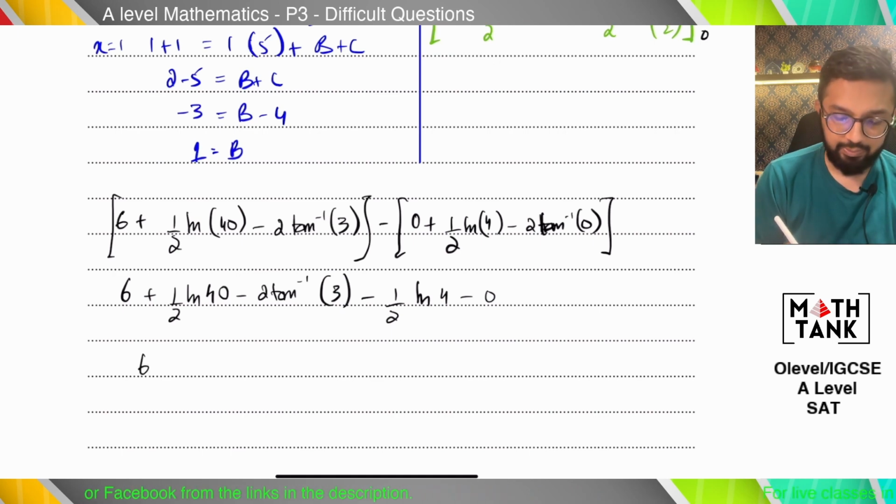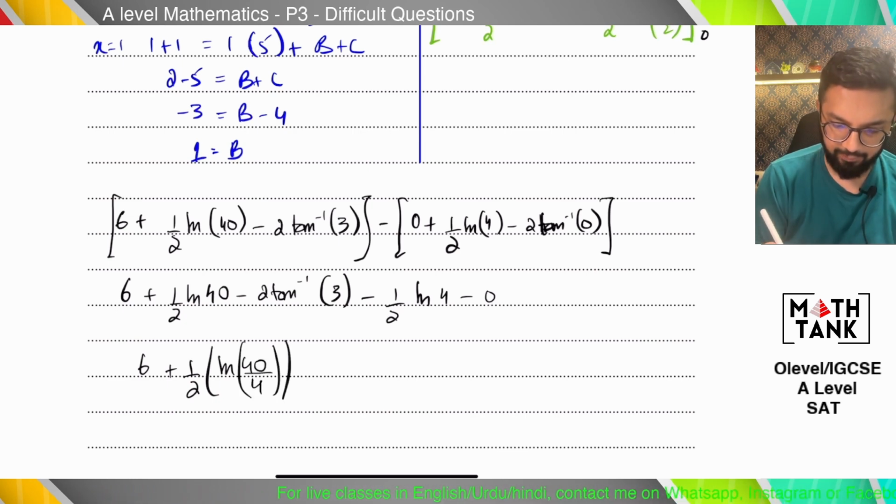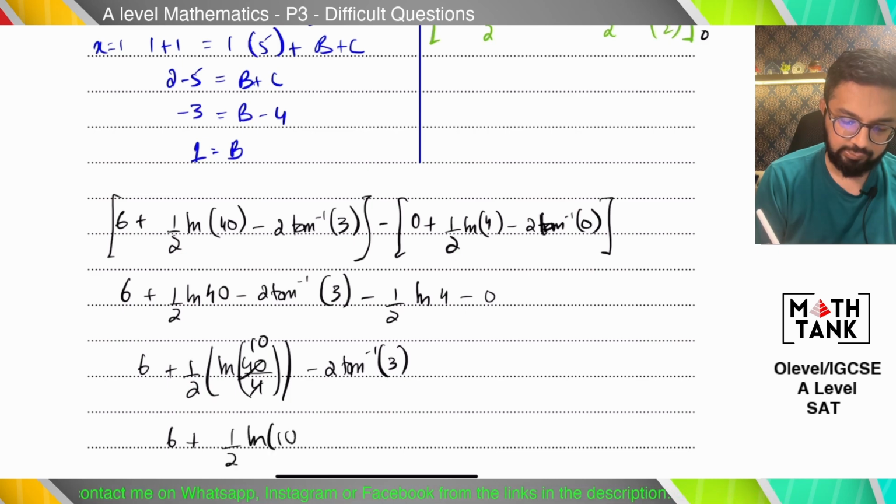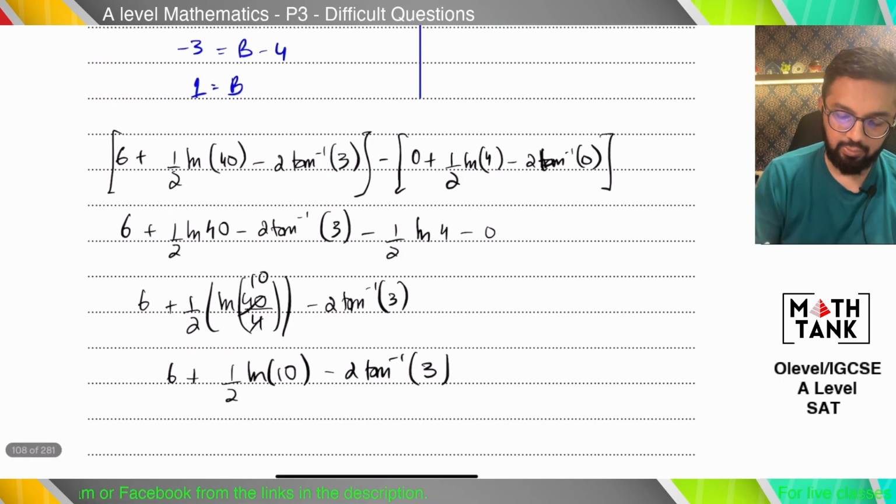So I can take a half common and say that this becomes ln 40 minus ln 4, so ln of 40 divided by 4, 10. Okay, that's my final answer.